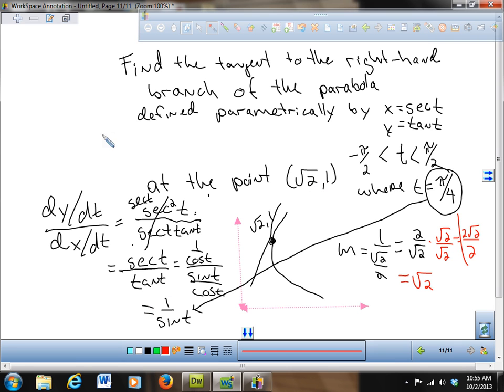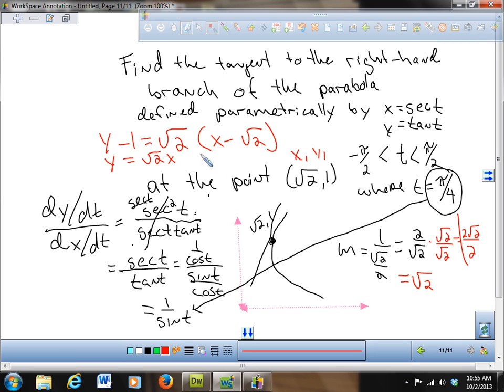So I'm going to plug into y minus y1 equals the slope, root of 2 times x minus x1. Y minus y1 equals the slope, x minus x1, with the point x1, y1. And that is equal to y equals root of 2 x.